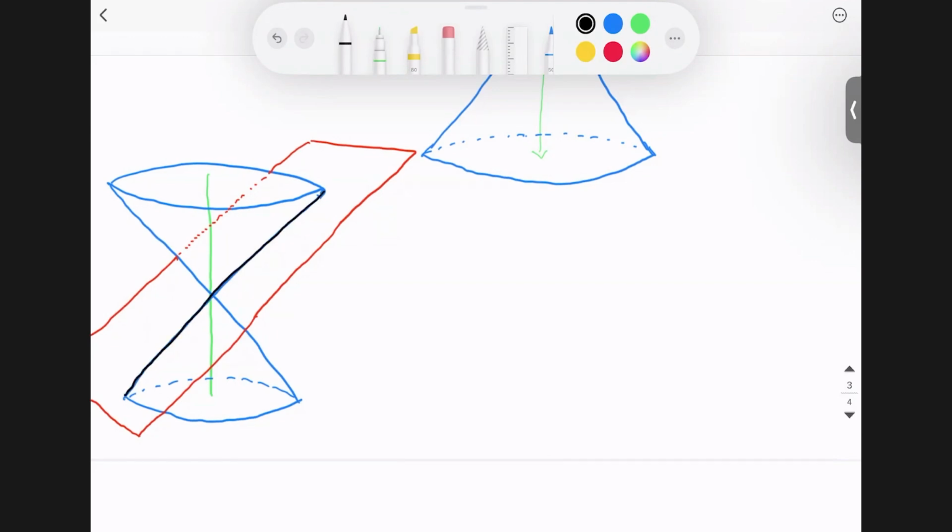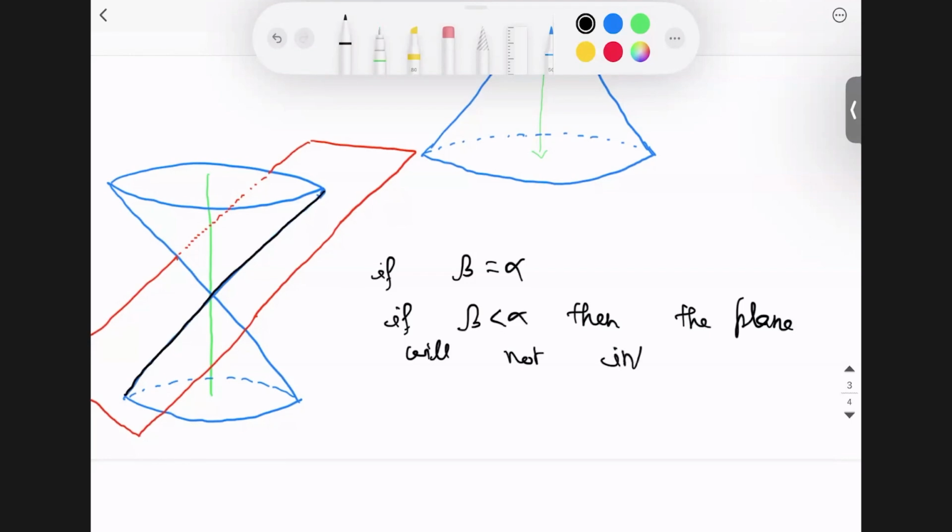If the condition is beta equals alpha, and if beta is less than alpha, then the plane will not intersect both the fronts.